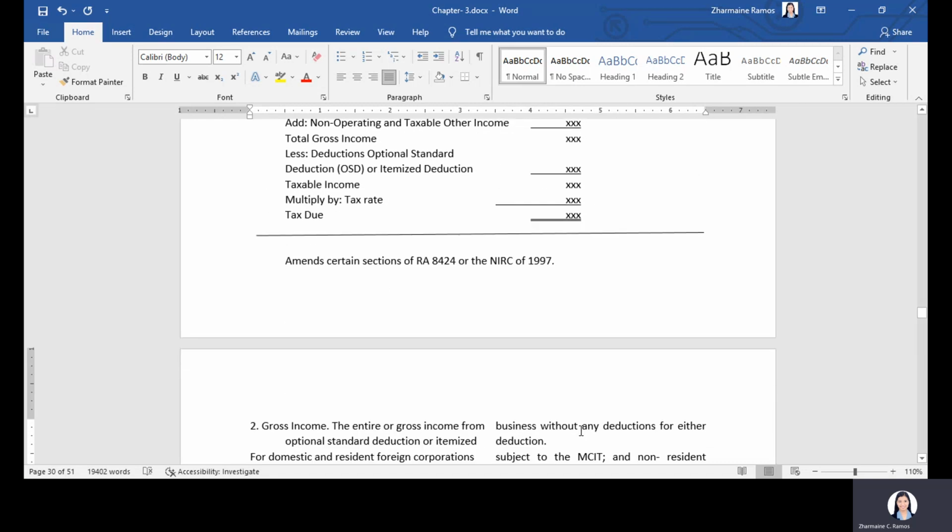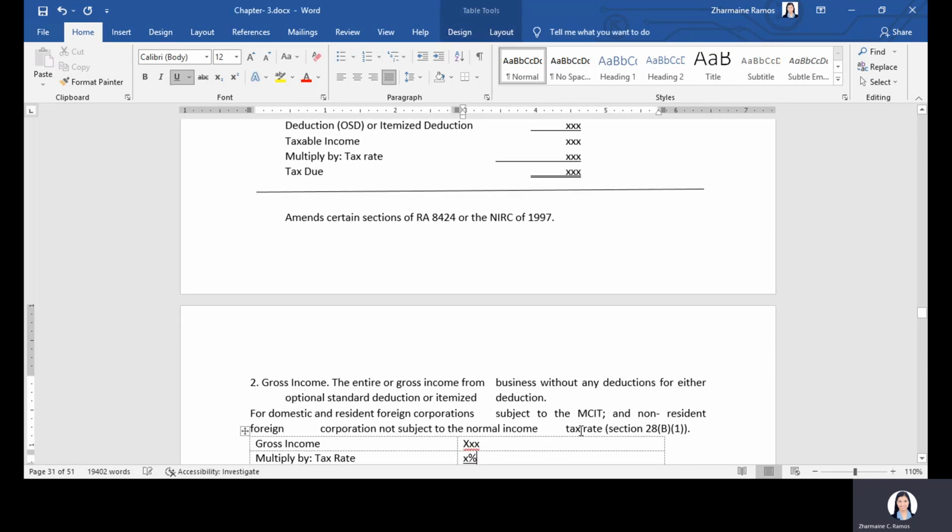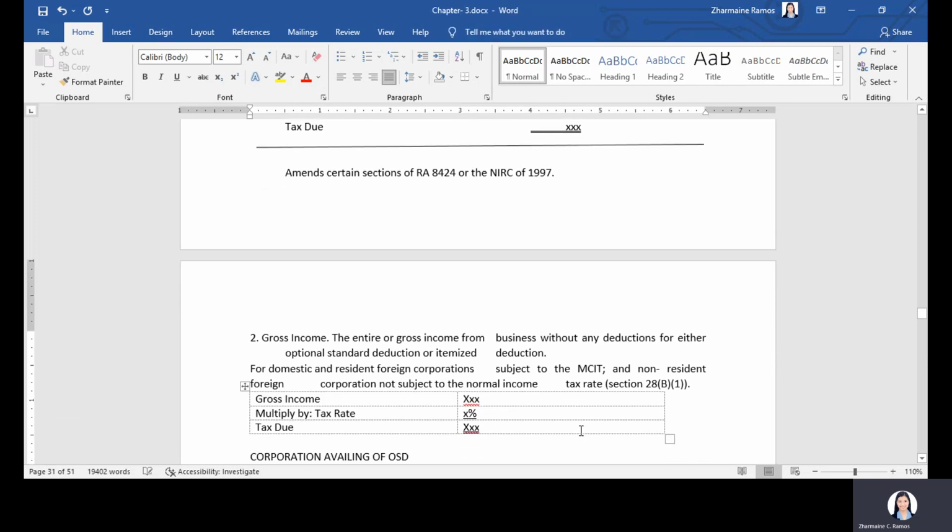Next is the gross income. So, the gross income is the entire or gross income from business without any deductions. Depende kasi yan, kung naalala niyo kanina, may mga discussions tayo na binanggit ko na ang basis is gross income. So, pag sinabing ang basis niya is gross income, walang deductions yon.